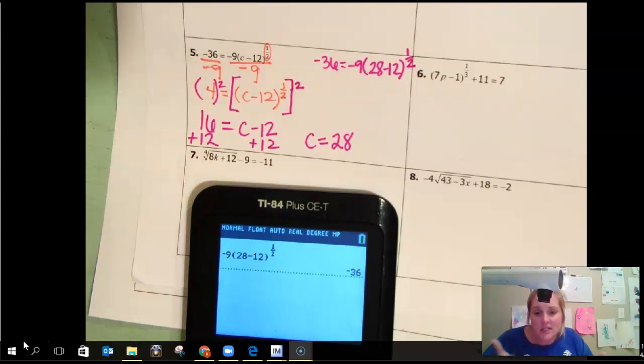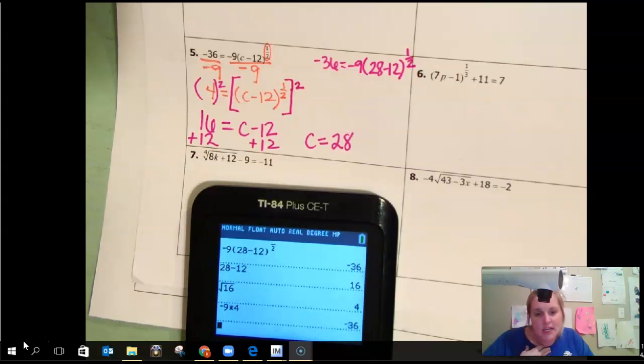So that does work. Now, you don't have to do that all in your calculator. You could have just done 28 minus 12. That's 16. The square root of 16 is 4. 4 times negative 9 gives you negative 36. So you're going to get the answer even if you do it in multiple steps, if your calculator won't allow you to type all that in together.